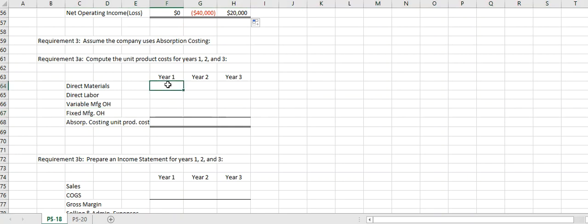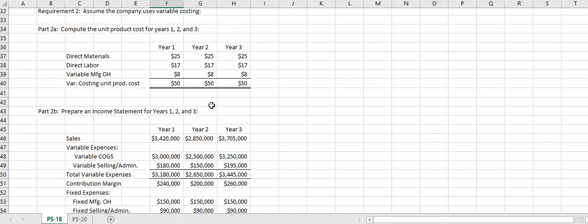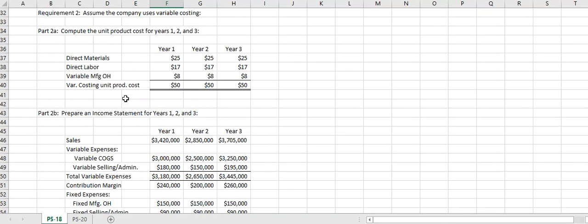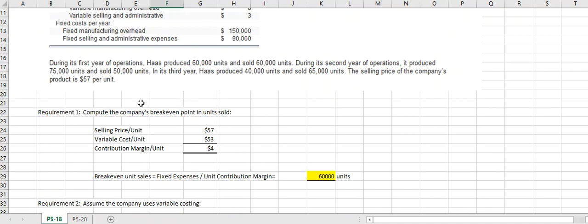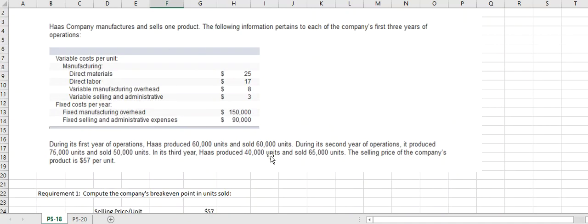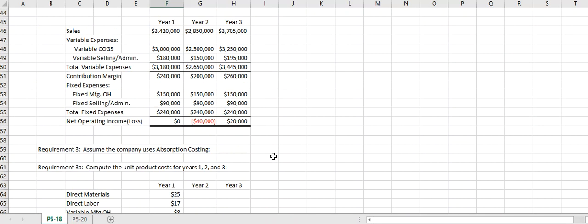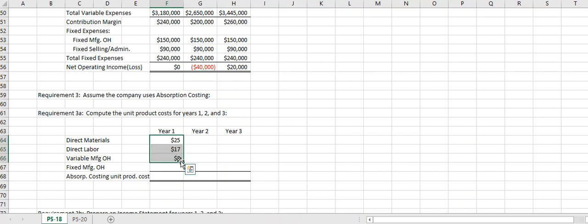So we're going to plug in those amounts. We've got $25 in direct material, $17 in direct labor, $8 in overhead, and that actually is exactly the same as what we had up here in Part 2A, and that all came from the chart up towards the top. And none of that changed over the 3-year period of time, so I'm just going to copy that over because that's all the same.